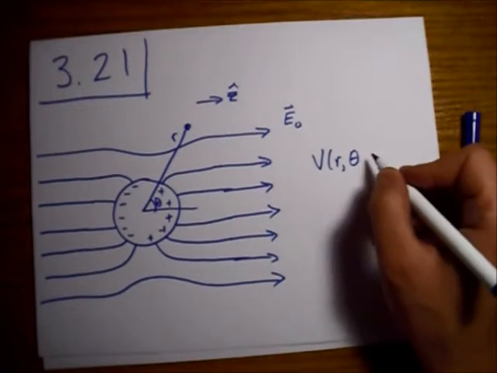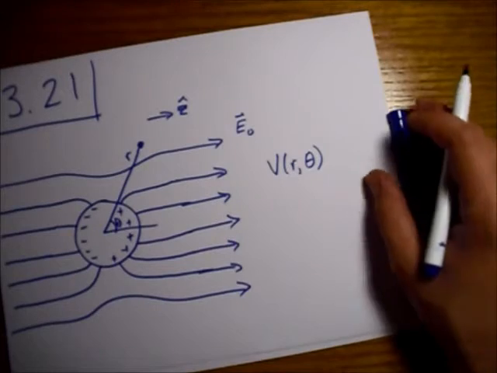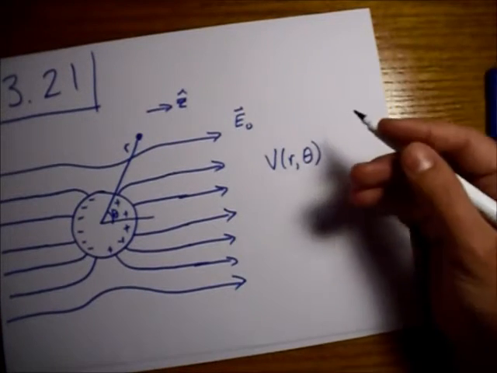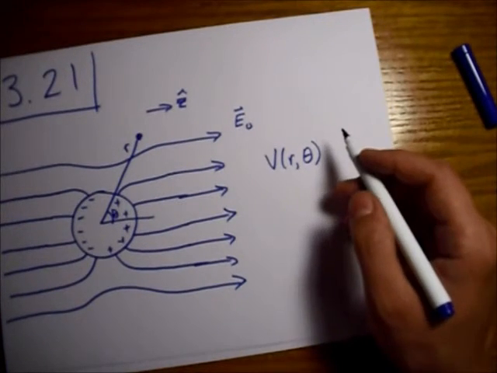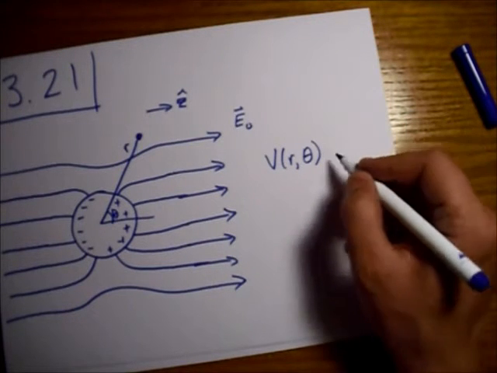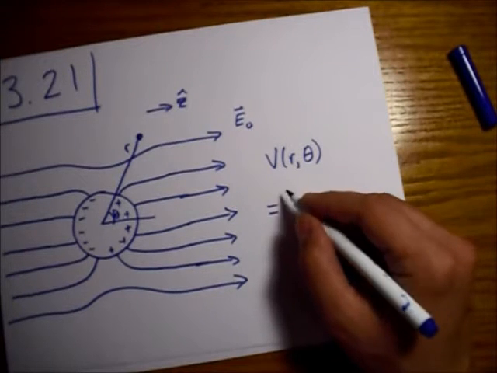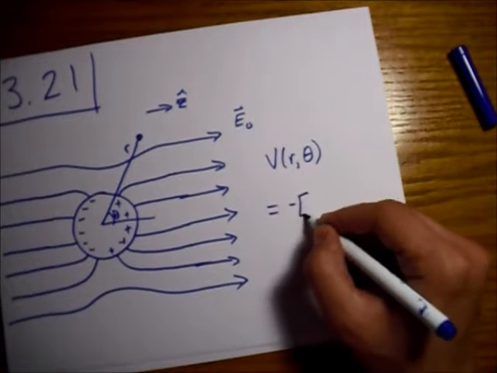So again, the solution after this huge mess of using boundary conditions and Legendre polynomials and everything, the answer is equal to minus E naught.